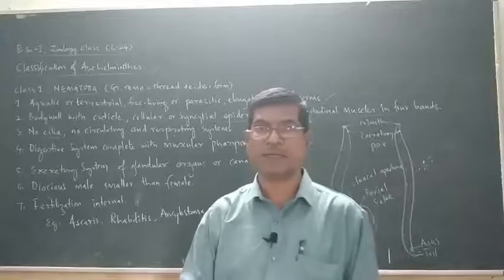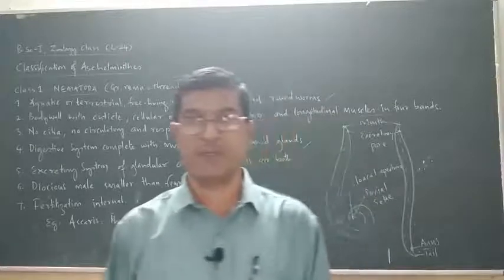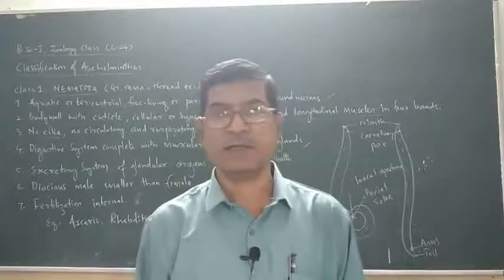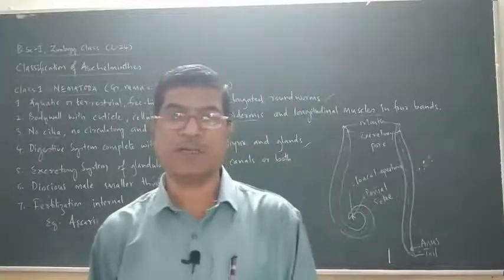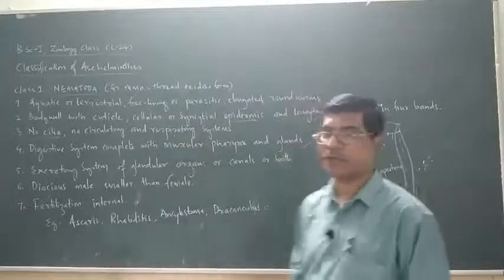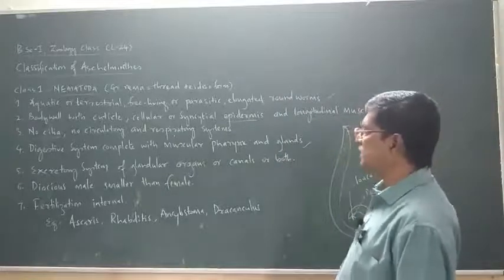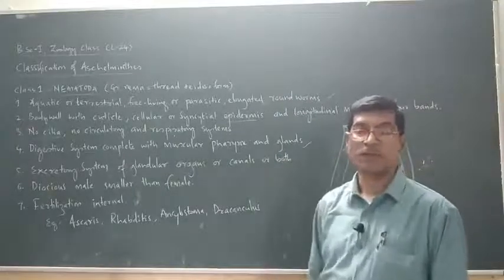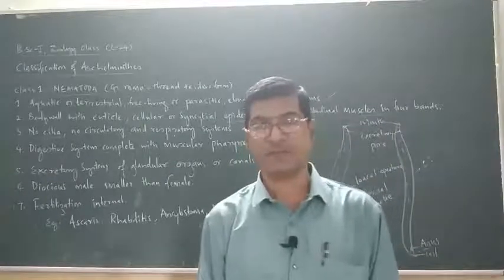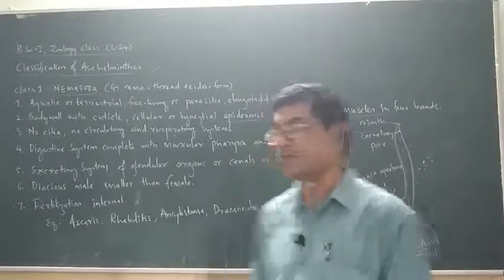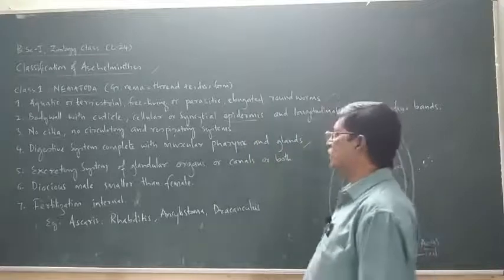One is the mouth, another is the anus. The mouth is used for intake of food, whereas the anus is used for ejecting undigested food material. Therefore, such an alimentary canal is called a complete alimentary canal.